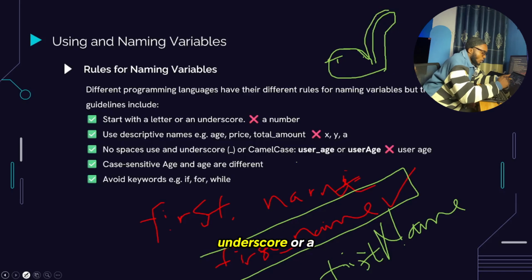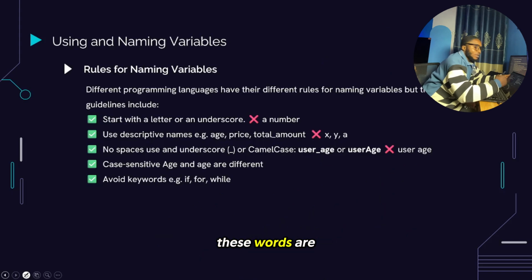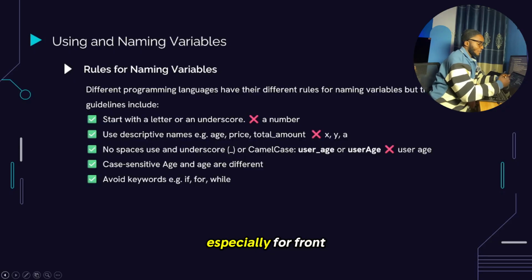So you can either use an underscore or camel case when you need to indicate that these words are actually separated. Once we start coding, you will see that a lot, especially for front-end and back-end developers, when you're passing JSON data or when you want to send a payload, you have to indicate that.